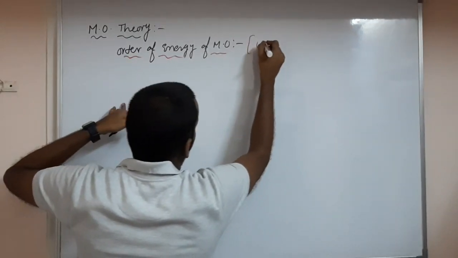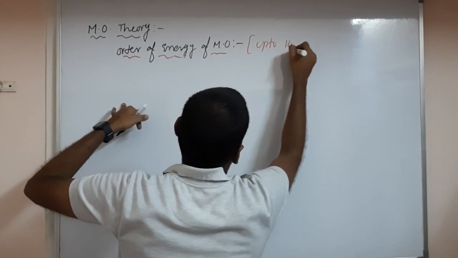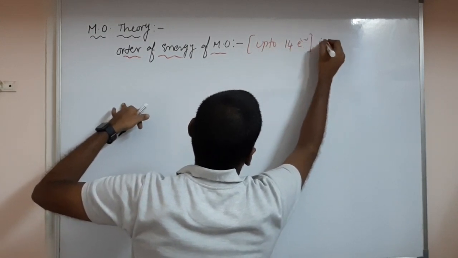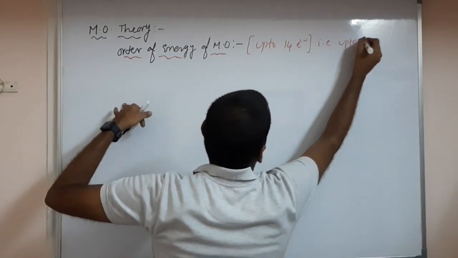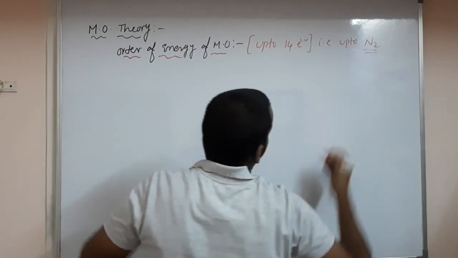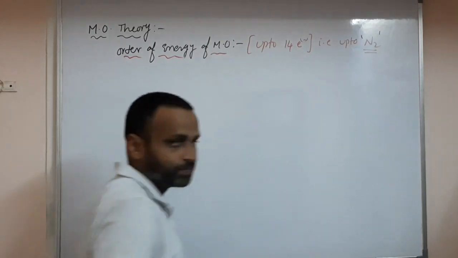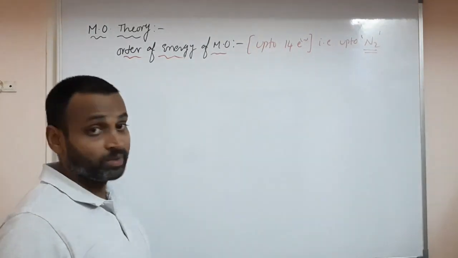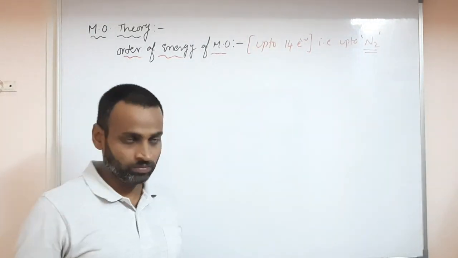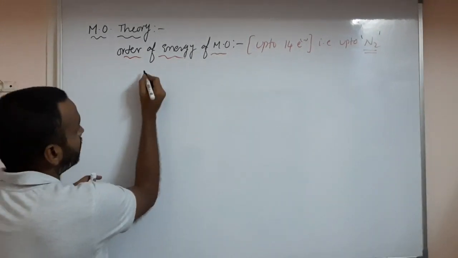But first, up to 14 electrons, that is up to N2. Nitrogen, N2, we have one order.